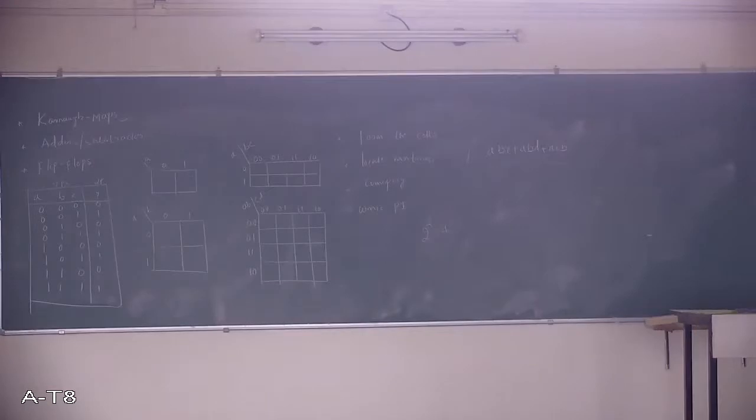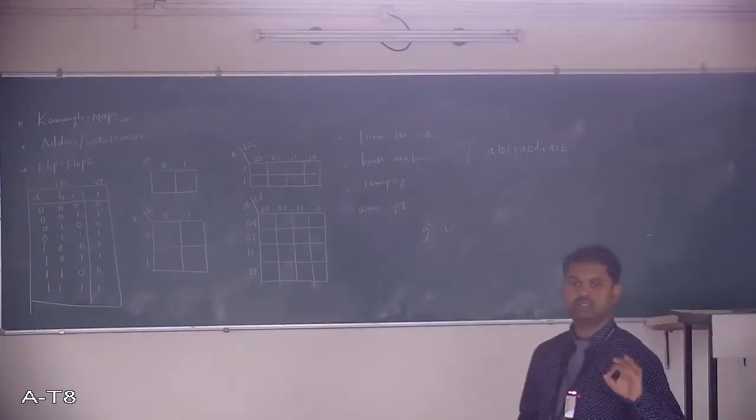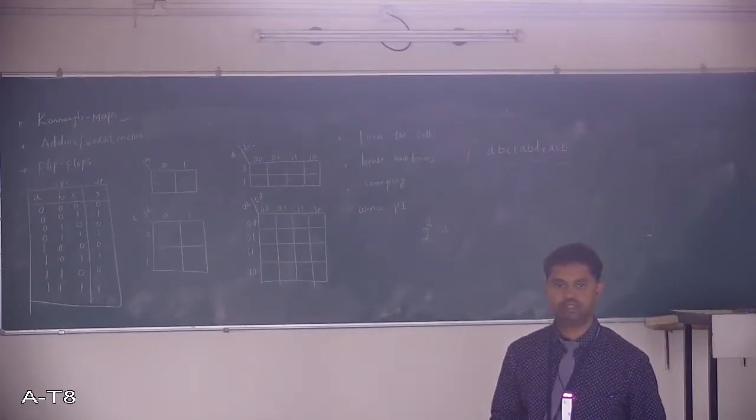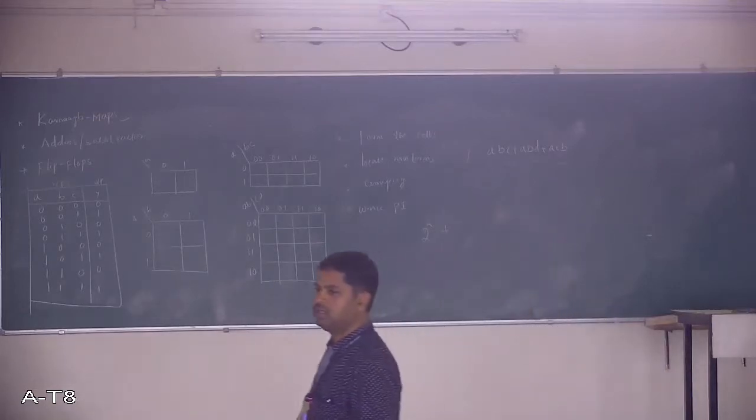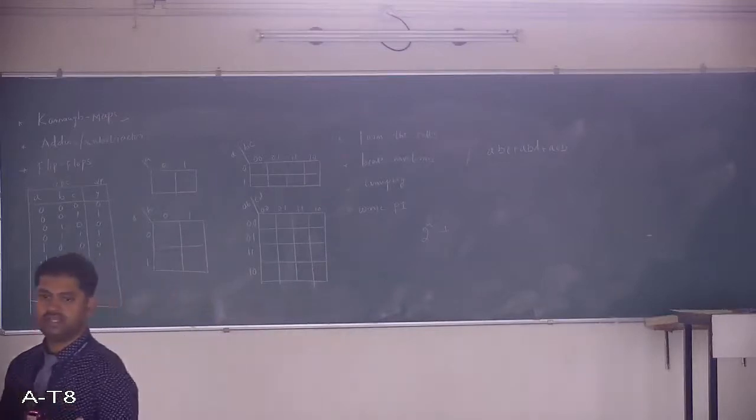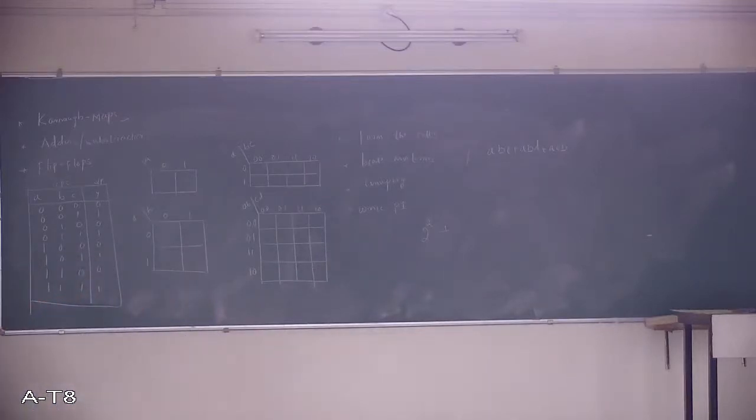I will define what min terms and max terms mean, or else you can say each cell you have to fill with ones or zeros, because in digital logic every representation is either 0 or 1. So each cell has to be filled with min terms or max terms, or else filled with logic 1 or logic 0.